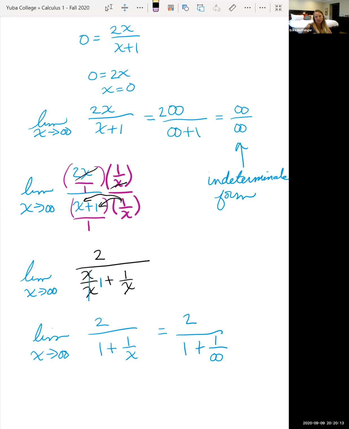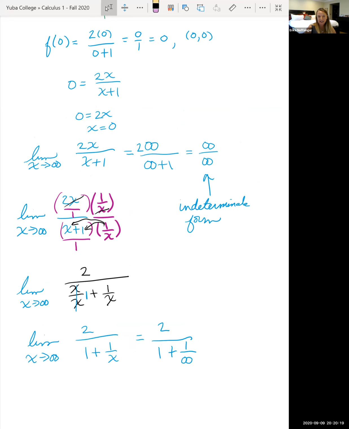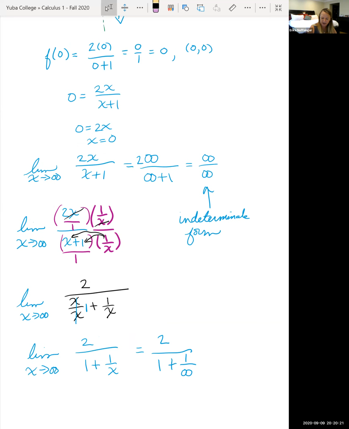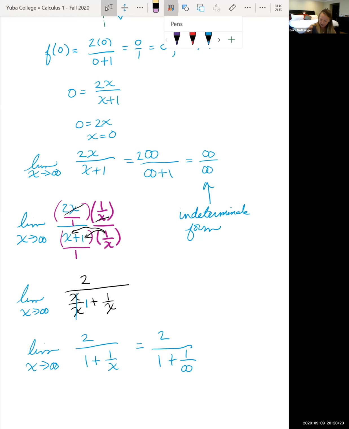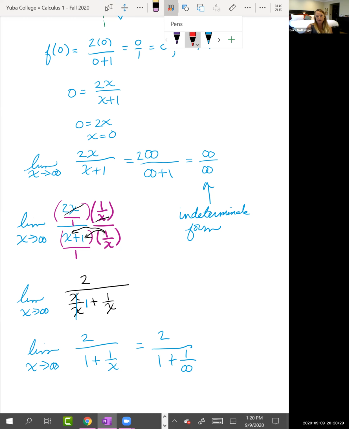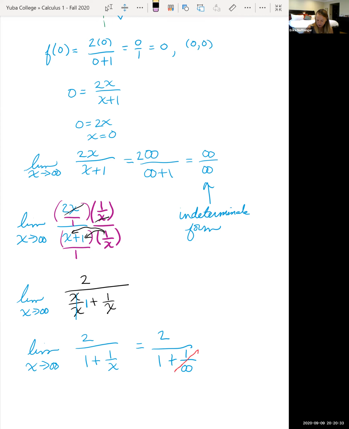We talked about yesterday that 1 over x, as x is going to infinity, goes towards 0. We're going to use that a lot to help us manipulate these so they fall out. Some constant over infinity always goes to 0. And so this tells me that this is equal to 2 over 1, which is 2.